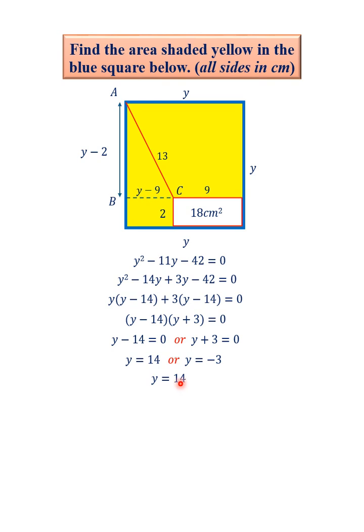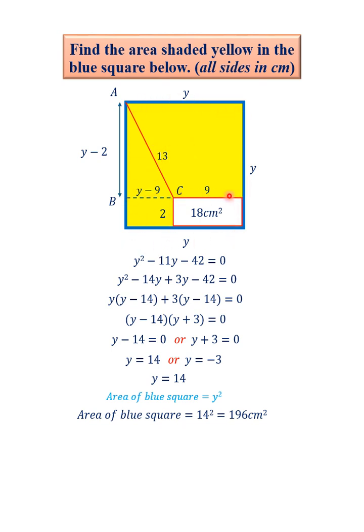The next thing is to find the area of the blue square. The area of the blue square is simply y times y, and that is y squared. If we put the value, we have that the area of the blue square is equal to 14 squared, and that is equal to 196 centimeter squared. Now that we know the area of the blue square, it is now easy to know the area shaded yellow, because everything is 196.